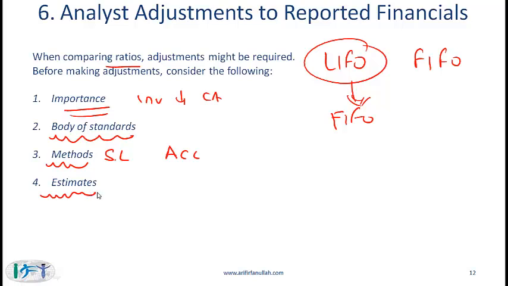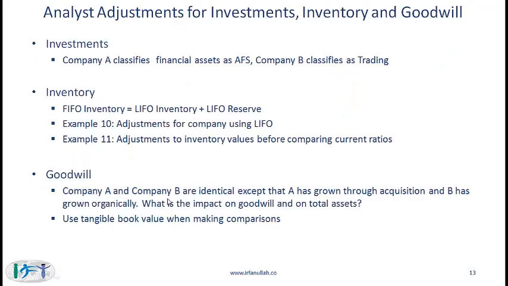Continuing with the depreciation example, two companies might be using very similar assets, but one company might be depreciating over 10 years and the other company might be depreciating over 8 years. So we need to recognize that the two companies are using different estimates, because of which there will be differences in expenses and income.